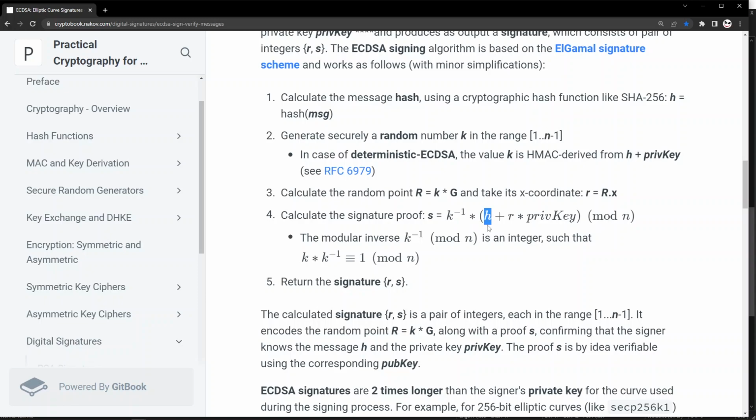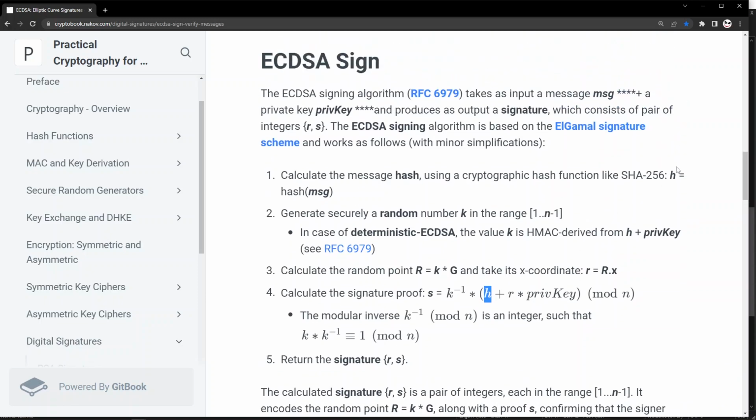Also, this H is our C value. Also, it has R and the private key. So what's happened in this equation? This value S and this value R are public, but we don't know what the K value is, and also we don't know what the private key is.